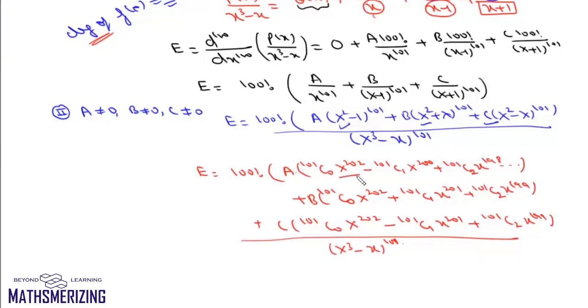Now we'll take the terms of x to the power 202 together, x to the power 200 together and x to the power 201 together.